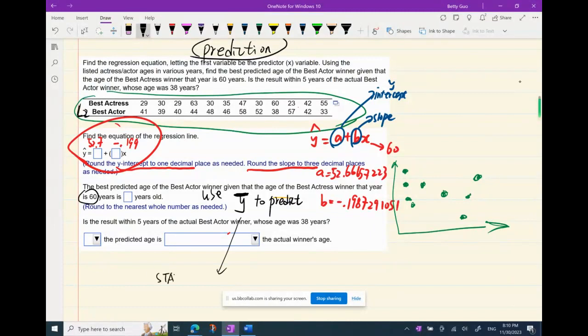We are going to go to stat, calc, and then one variable stat.